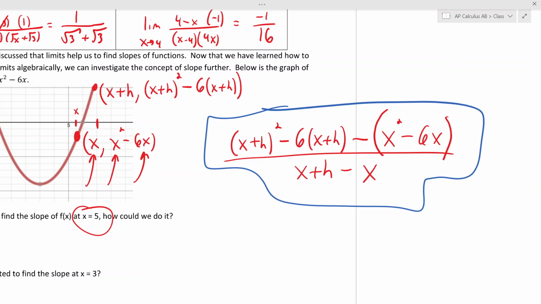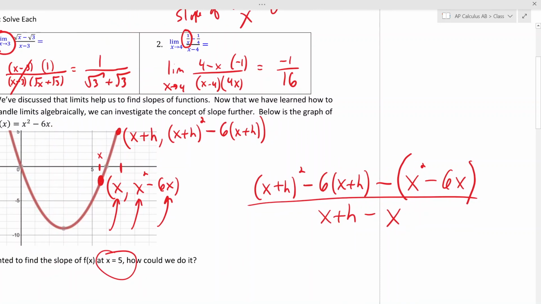But remember, I don't want the slope from a point to another point. I want the slope just at x. So let's think about that again on a number line, which is right here. Here's x, and here's x plus h right there. What do I need to happen for this point to move back towards that point? What should happen to h?